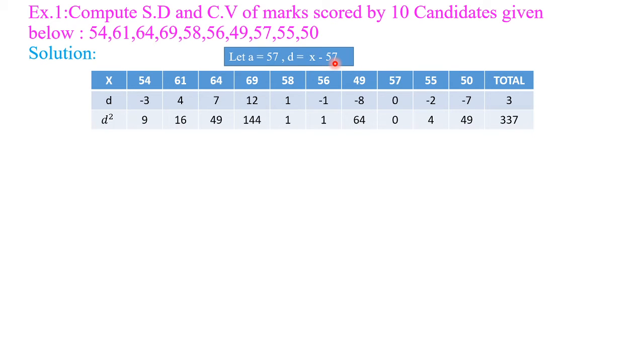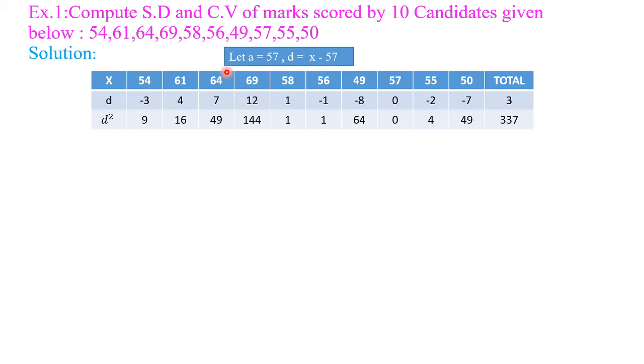First step, decide the assumed mean, so we decide A is equal to 57. Step number 2, D is equal to x minus A. So in the second row we find D is equal to x minus 57.